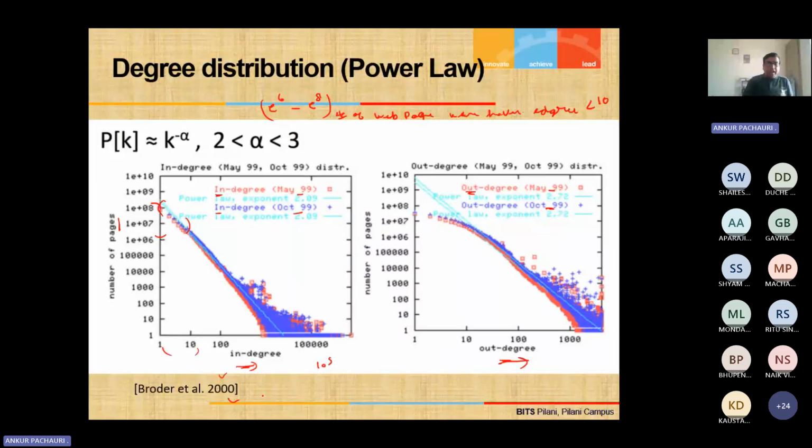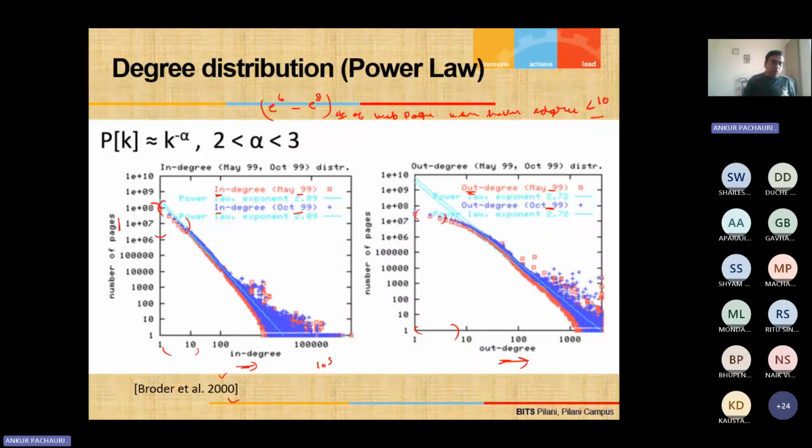But there were a large number of nodes having smaller in degree and smaller out degree. Suppose it was 10 and it comes to be 7 or 8 or 9. So that means there were a large number of web pages having degree less than 10.